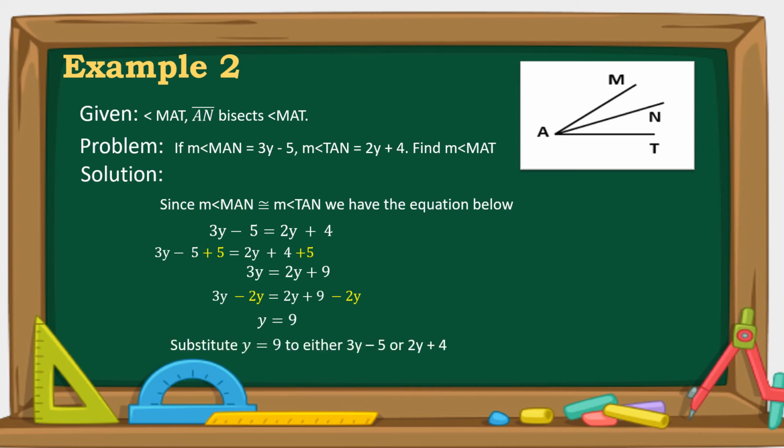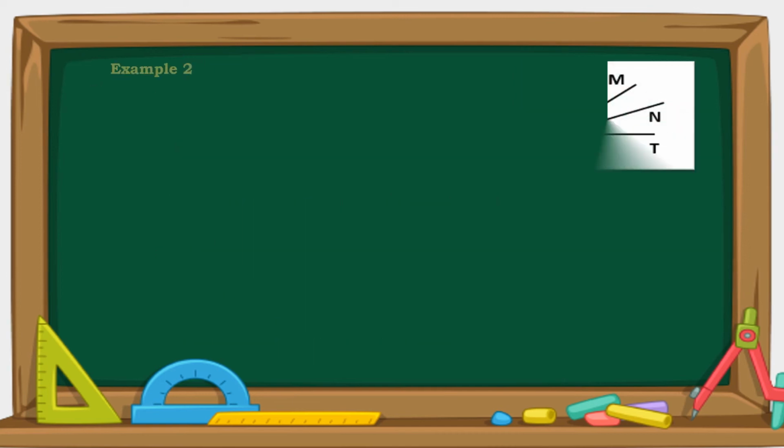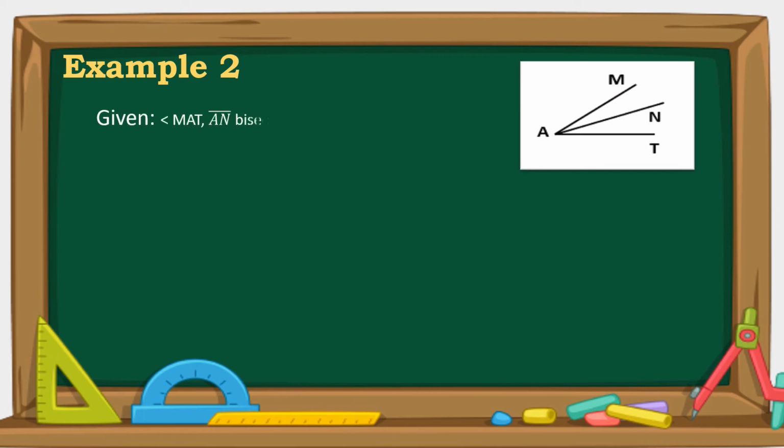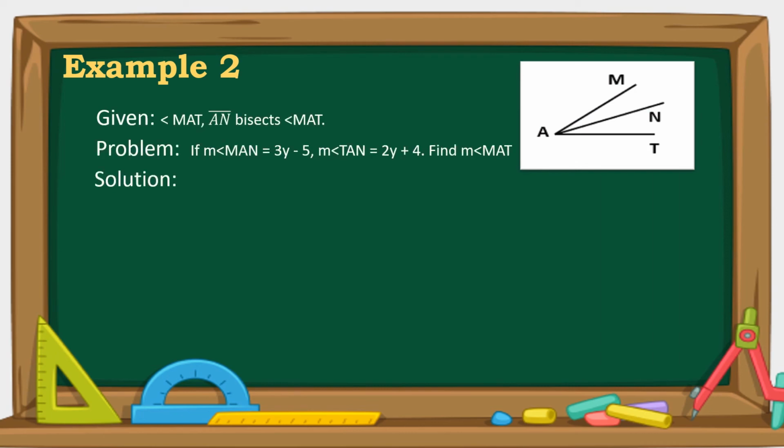Then next, we substitute y equals 9 into either 3y minus 5 or 2y plus 4. After finding the value of y, which is equal to 9, let us substitute into both angle measures for checking sake.